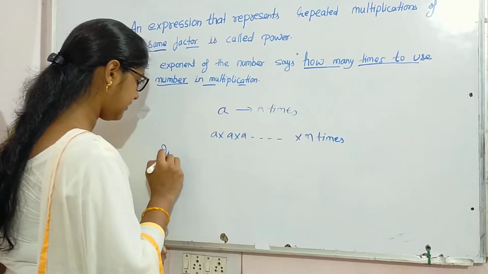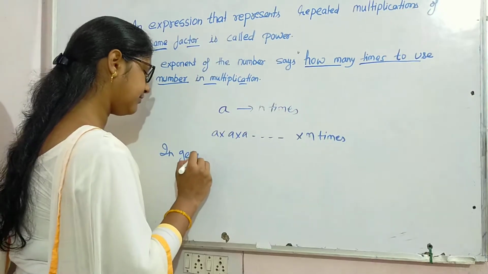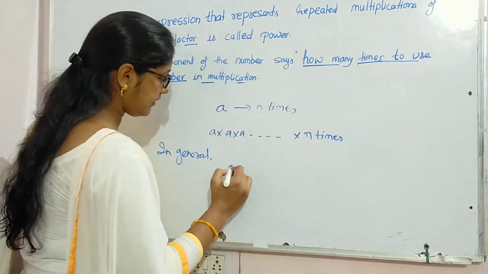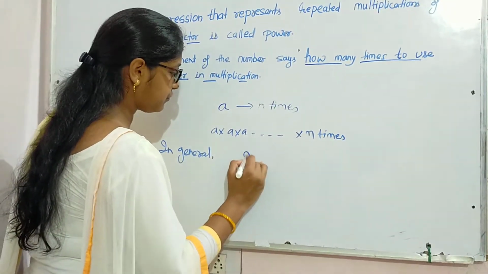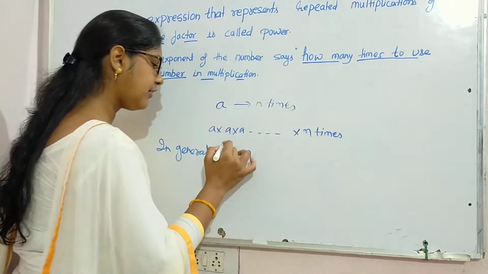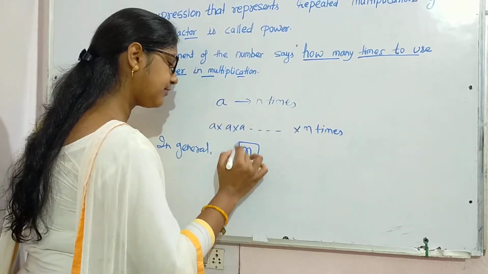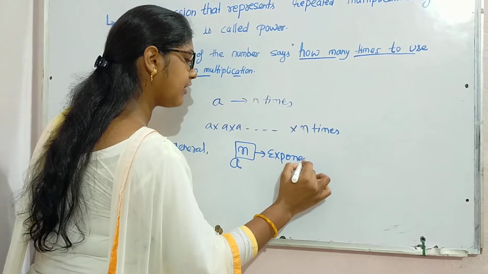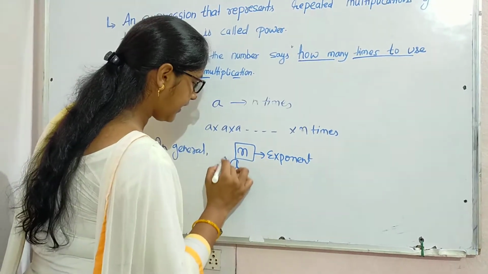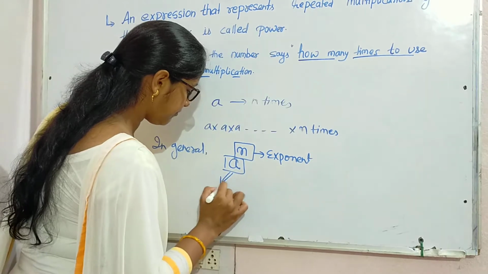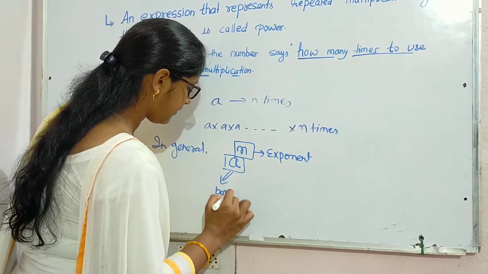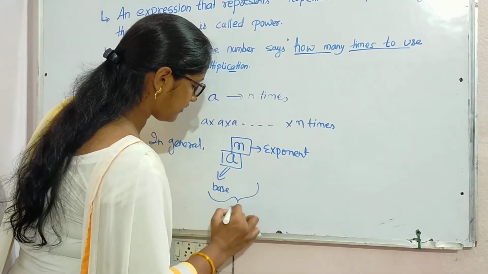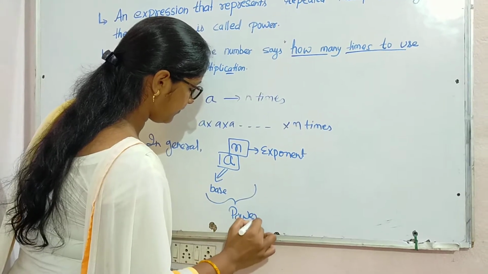Then in general we can write it a to the power n. Here n is said to be the exponent, a is the base, and the whole expression is said to be a power.